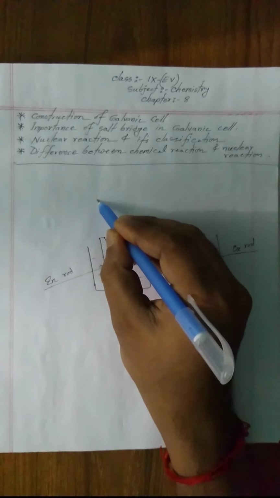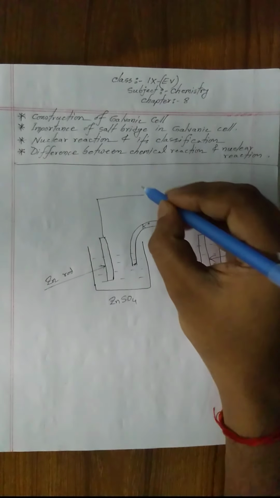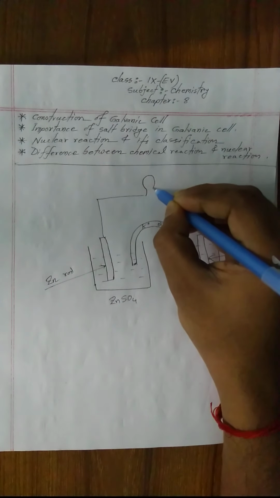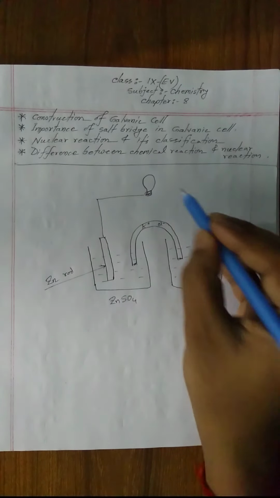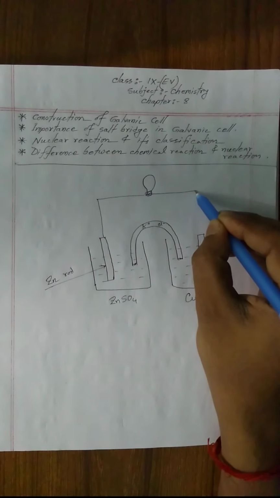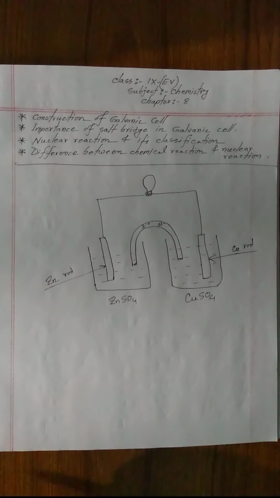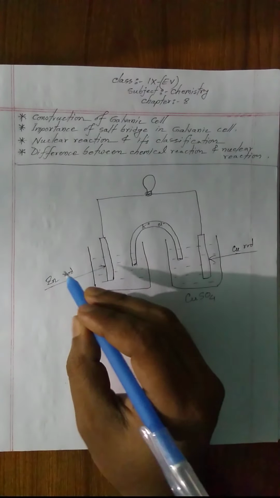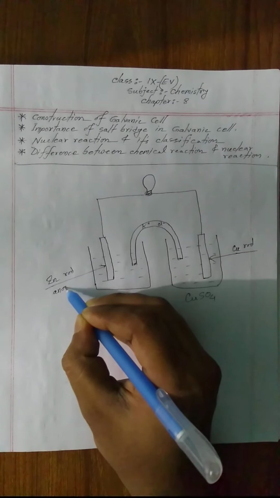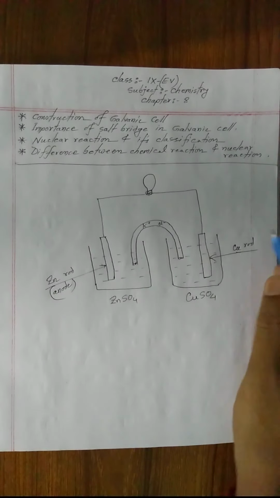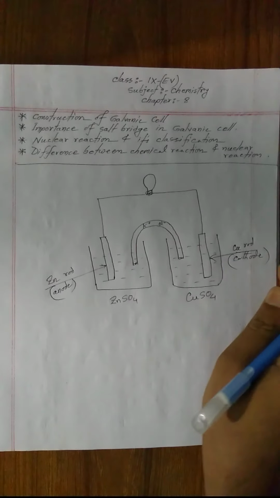Now a wire is connected to one port of an electric bulb, and another port is connected to the copper rod. So this zinc rod acts as an anode, and this is the cathode.